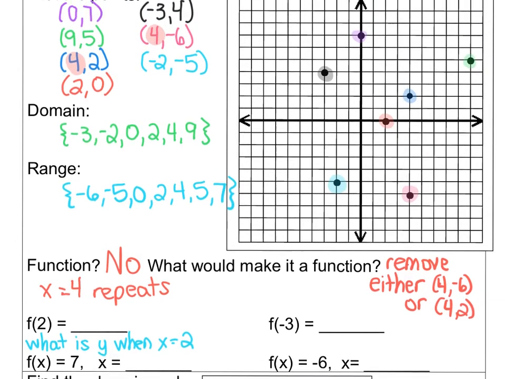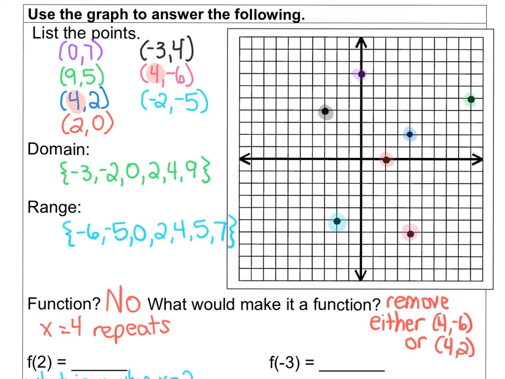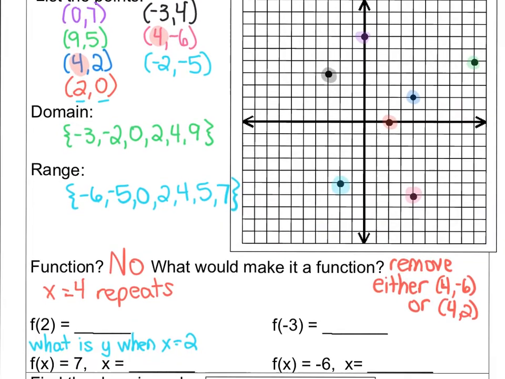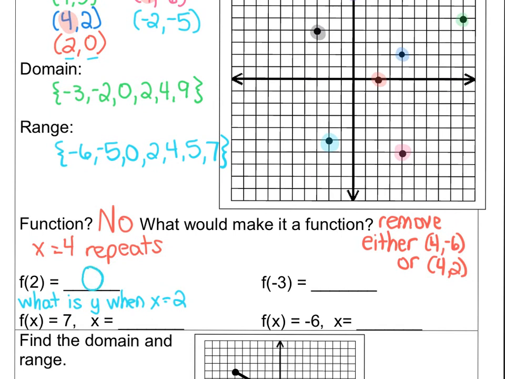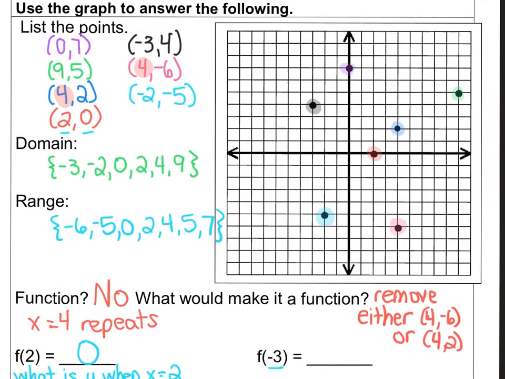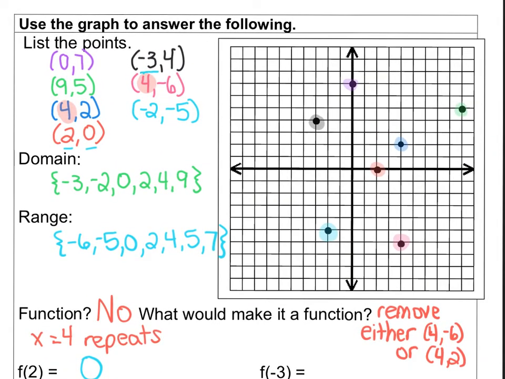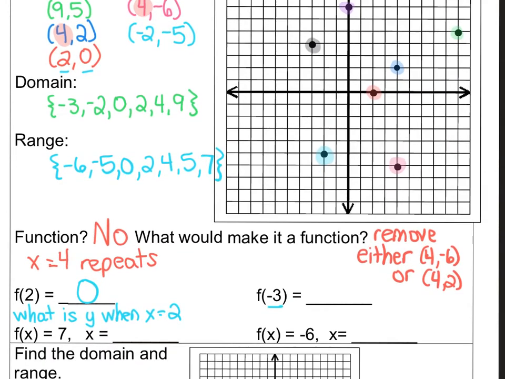So I need to go back where x was 2, and I can see when x was 2, y was 0. So same thing over here. What is y when x is negative 3? So I'm just going to look at my list of points. There's x is negative 3. Y would be 4. Okay.